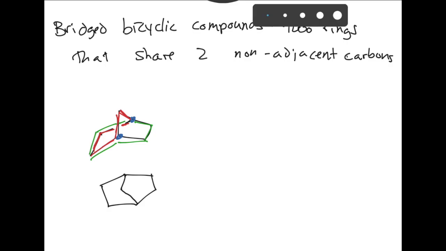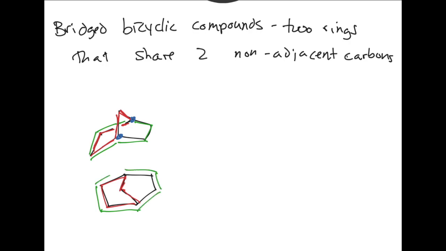Right, so here's my 5-membered ring. Here's my 6-membered ring. So two rings, and they're sharing carbons that aren't beside each other. Those are bridged bicyclic structures.